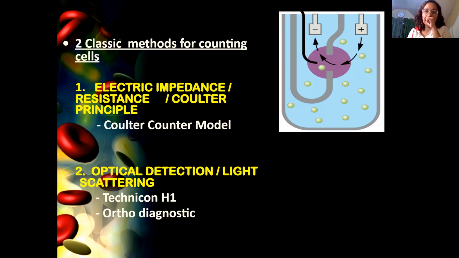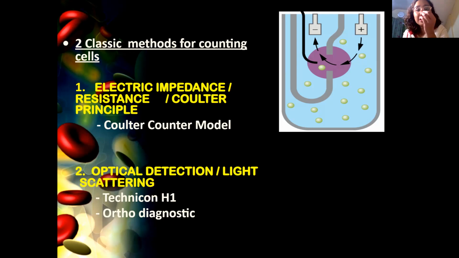At every time, guys, natitigil yung electrical flow, it will be measured as a pulse. So, the number of pulse, kung ilang beses tumigil yung electrical flow, that is the number of cells that pass through the detector, okay? And the pulse size will determine the size of the cell. So, if the pulse size is big, malaki yung cell na dumaan.